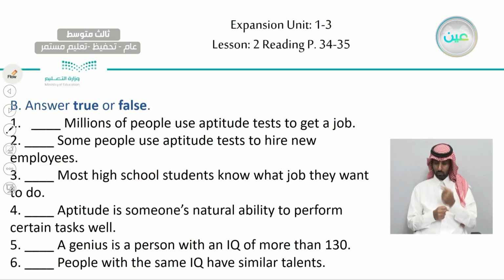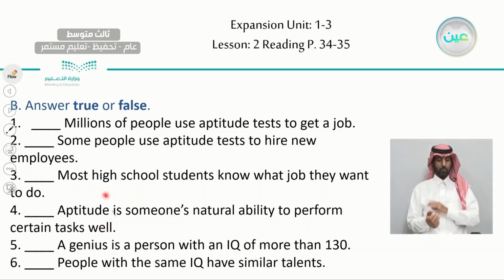Number two, some people use aptitude tests to hire new employees. Number three, most high school students know what job they want to do. Number four, aptitude is someone's natural ability to perform certain tasks well.